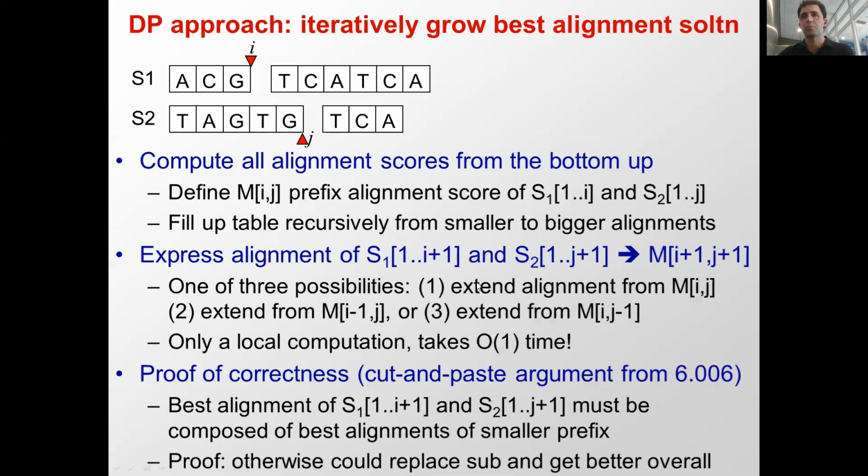by one of three possibilities. Either we're going to be extending the alignment from Mij, or extending the alignment from M-1J, or IJ-1. And for each case, we're only doing a local computation, which takes order of 1 time.